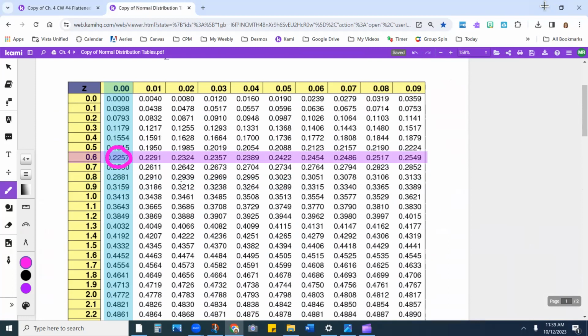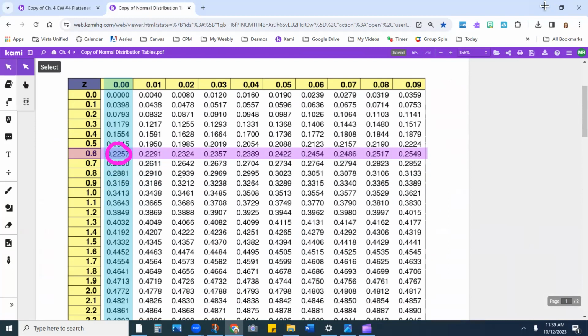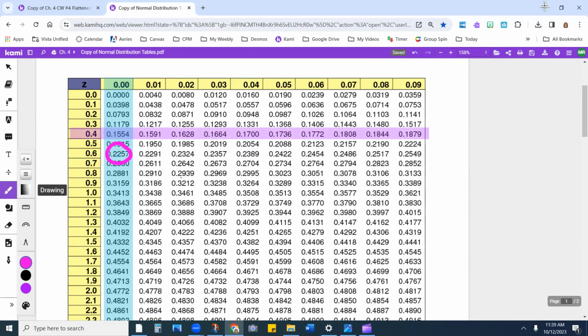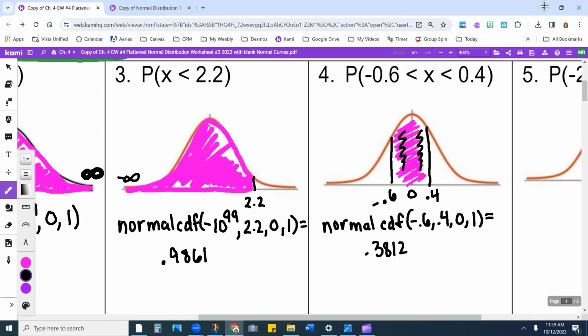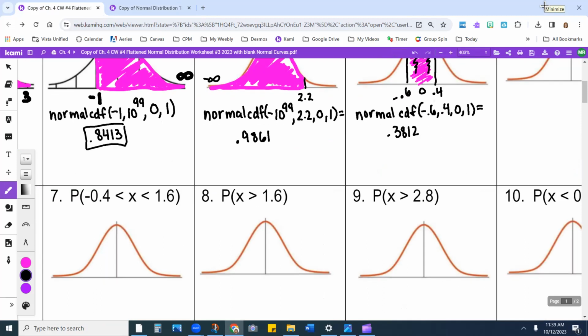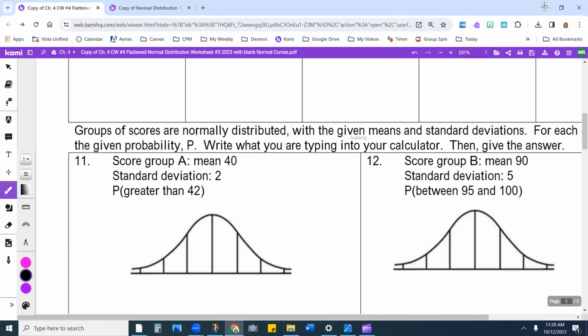I would have added that with the one for 0.4, which is 0.1554, and that's going to add to the same thing I got here, 0.3812.